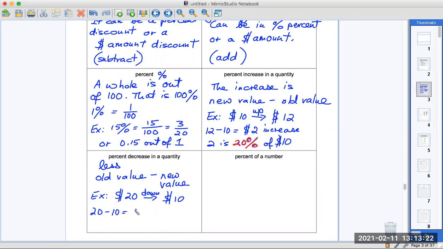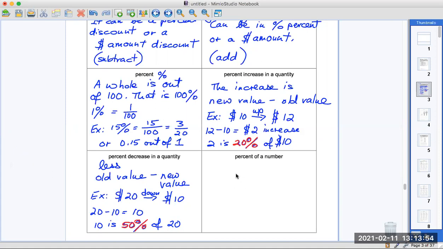So that's $10. 10 is 50% of the old value, which was 20. So the percent of decrease is 50%. But we're going to learn how to do that, so don't worry, okay?